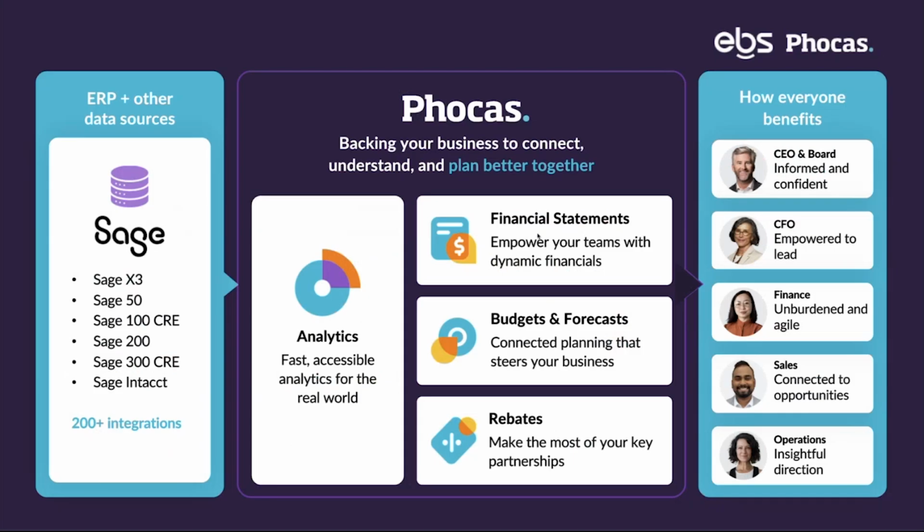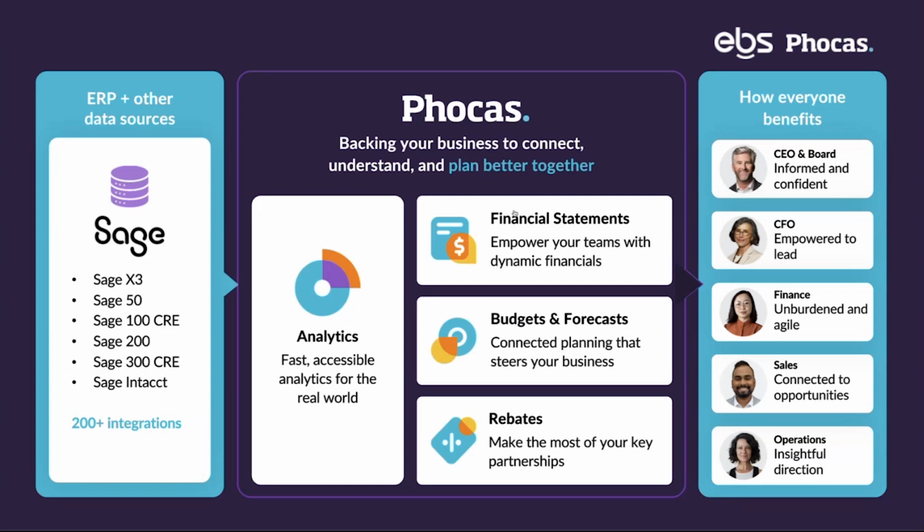In terms of why Phocas? Phocas is a platform that connects across all the board, all the Sage products, whether you're looking at analytics, financial statements, budgeting and forecasting, or even rebates. Phocas is a platform that enables multiple stakeholders within the business to get answers from their data much quicker.